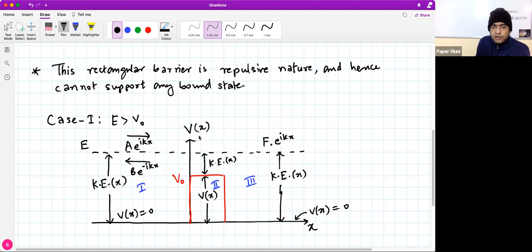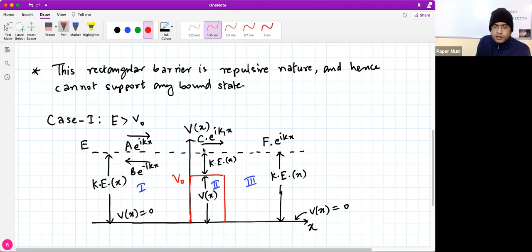And within the barrier, now it's not within, it will cross the barrier. So in this case, there is a change of the potential, there's a forward moving wave, and there will be a backward moving wave also, because there's a change in potential, so there will be reflections also. So we'll have one component here, let me write it in some other color.